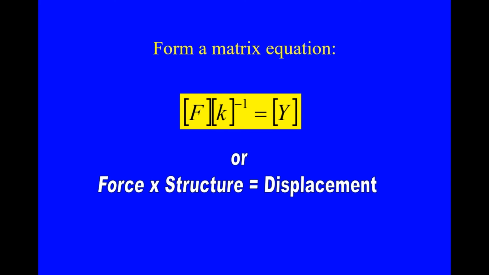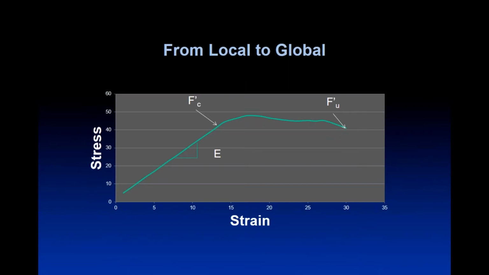But you see what we're doing, once again, we've got force times some sort of representation of the structure equals displacement. Now, if you're looking at the displacement response, there are many things that you can do with it. Instead of going to the force, looking at what the overall characteristics are going to be, whether they're going to be acceptable, what we'll do is take that displacement and see if it's acceptable. So we've got rules of thumb.